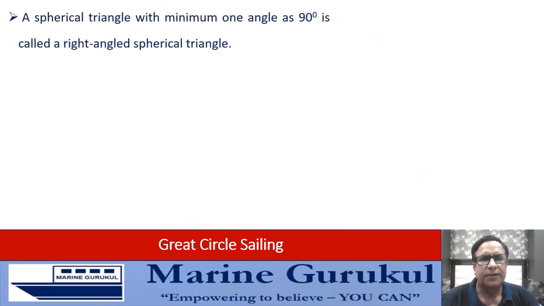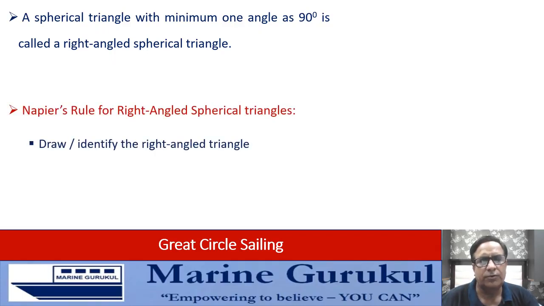To avoid any difficulty in understanding of the topic at hand, let's quickly revise the application of Napier's rule to right angled spherical triangles. To be able to apply Napier's rule, we first draw the triangle. So here is the triangle, point A, point B, point C, all joined by their arcs of great circles.